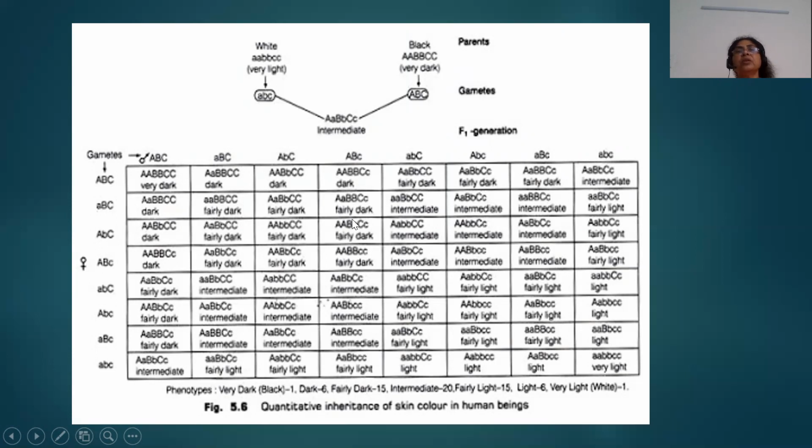And if we take out the F2 generation, there are 64 possibilities in that, and the phenotypic ratio of F2 generation will be 1:6:15:20:15:6:1. 1 very dark is to 6 dark is to 15 fairly dark, 20 intermediate, 15 fairly light, 6 light, and 1 very light.